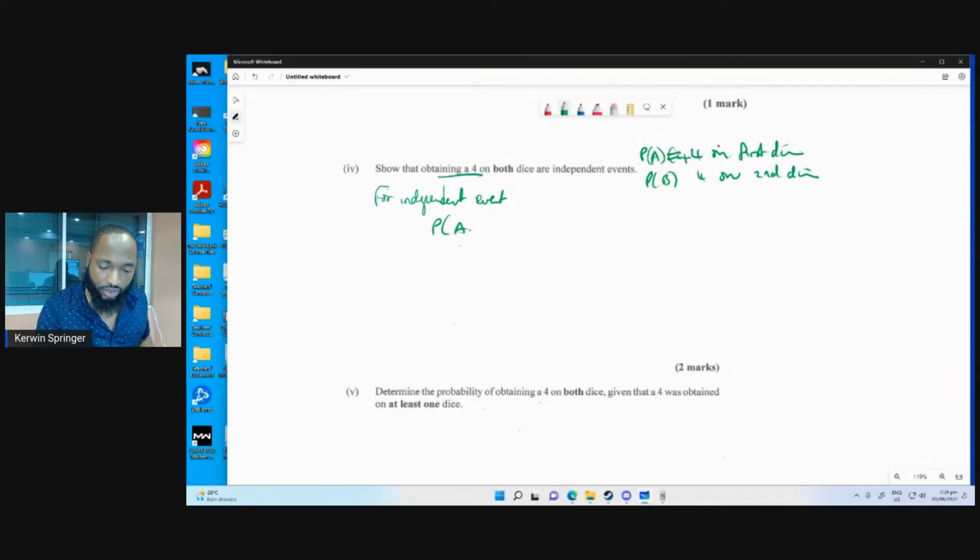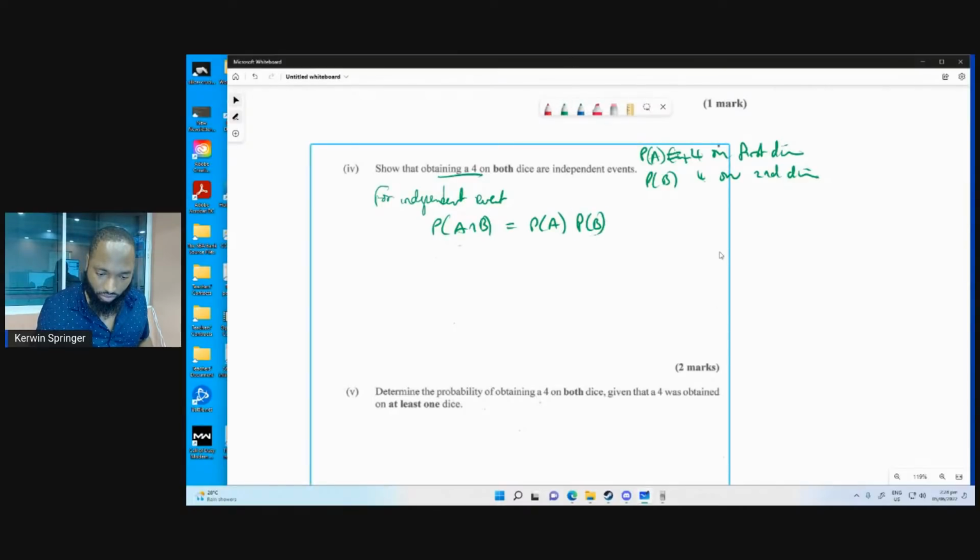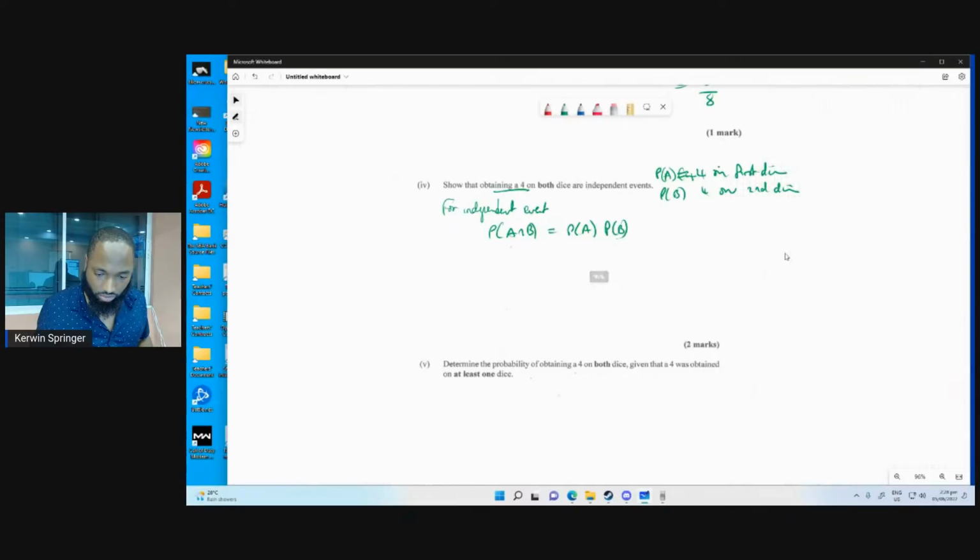So the probability of A and B is equal to the probability of A multiplied by the probability of B. So the probability of A and B happening is 1/16.